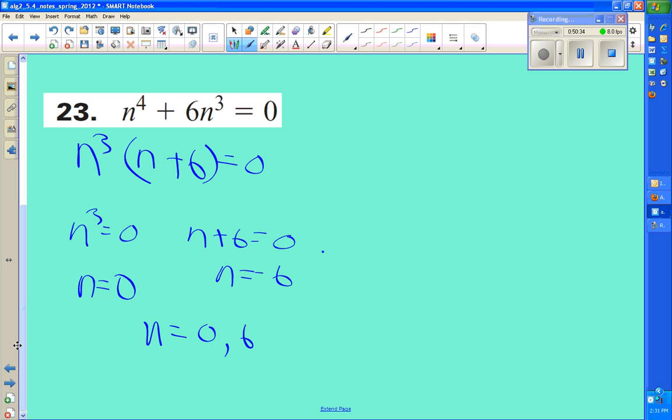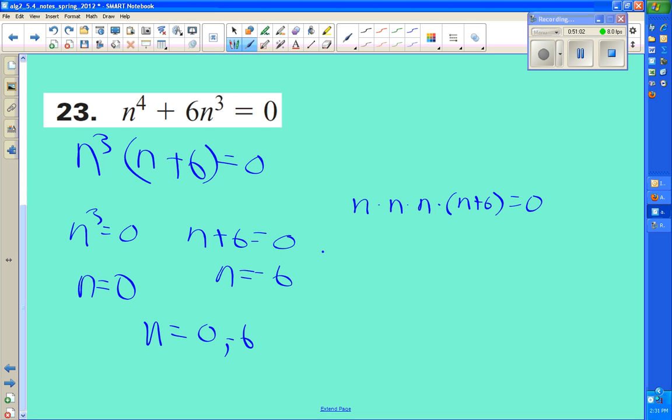And I'm going to start saying these things now because it's going to be important in a day or two. 0 is called a triple root because this factor n appears 3 times. In other words, we could have said n times n times n times n plus 6 is equal to 0.